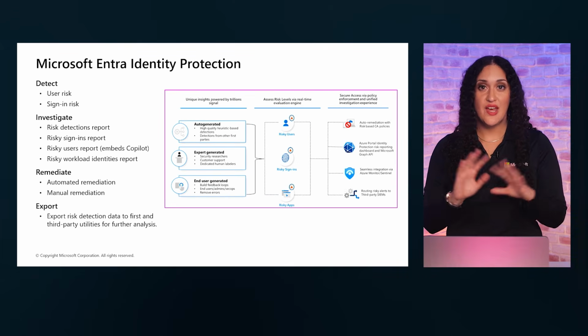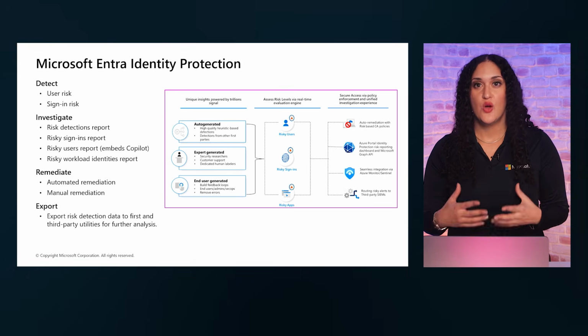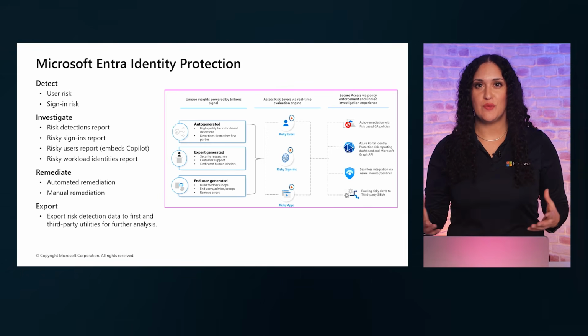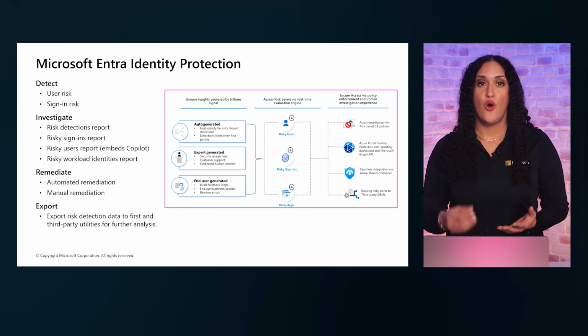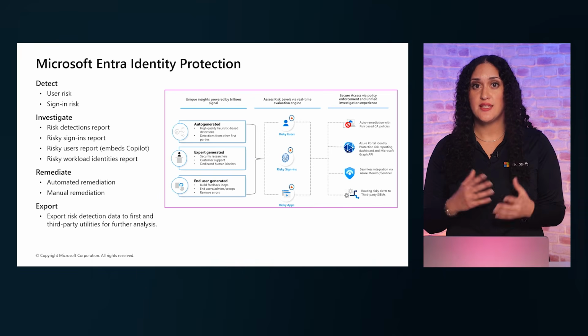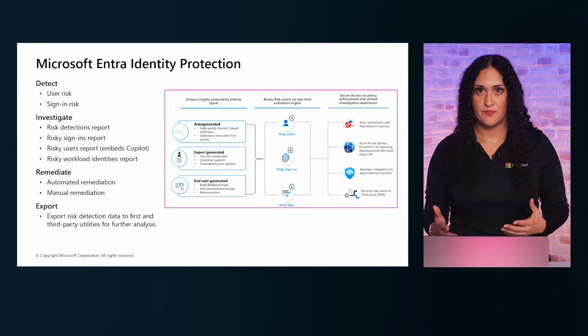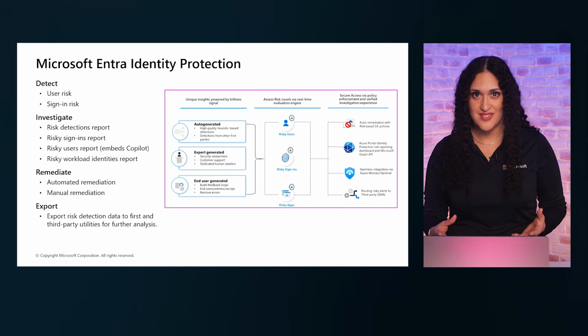Identity Protection does not just detect risk, it also helps organizations act. Risks can trigger automated remediation, like requiring multifactor authentication, forcing a password reset, or blocking access altogether until the risk is resolved. When automation is not enabled, administrators can investigate and take manual actions, such as confirming compromise or dismissing risk.